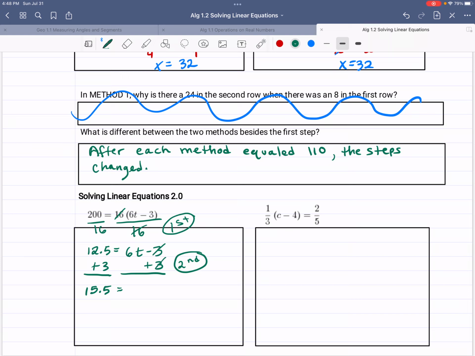Equals, these 3s cancel, 6t. My third step is I'm going to divide by 6. And I will do that in my calculator. 15.5 divided by 6 is 2.583 repeating equals t.